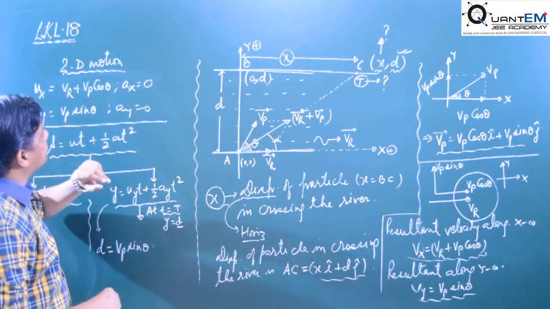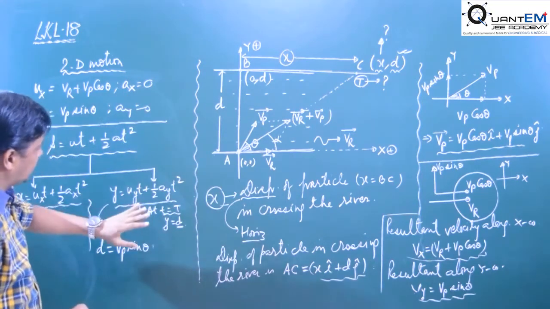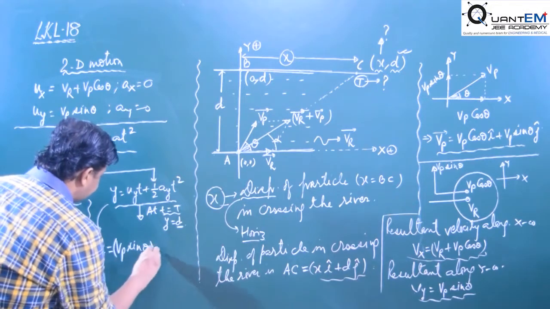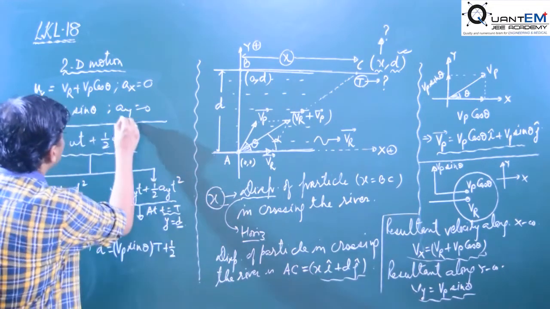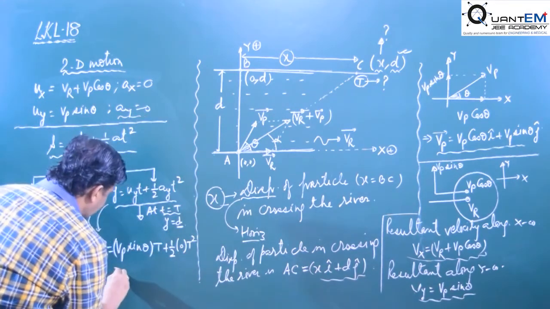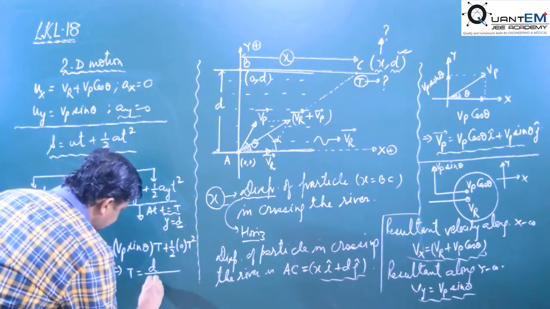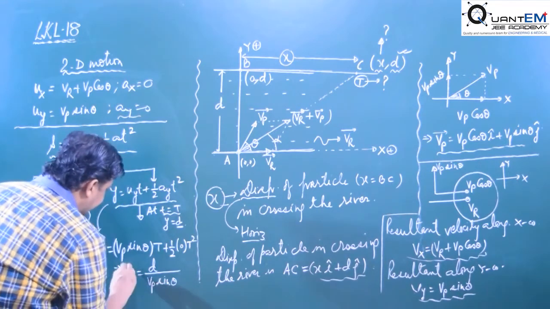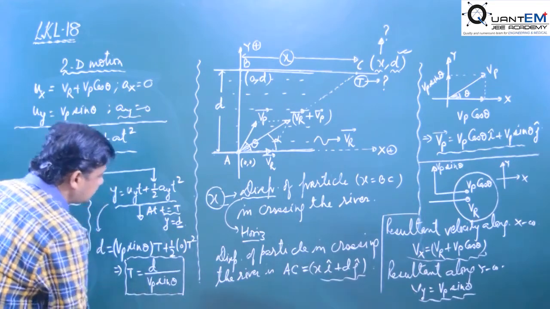If acceleration is there, then it will be taken as non-zero, and you have to put the value here. And Vp sin theta into time t. What about ay? ay we have 0. So we get the result: time is equal to d by Vp sin theta. So it is the time taken by the particle to cross the river.